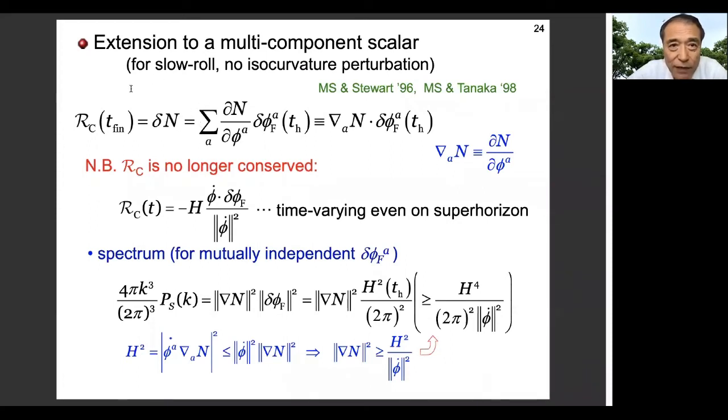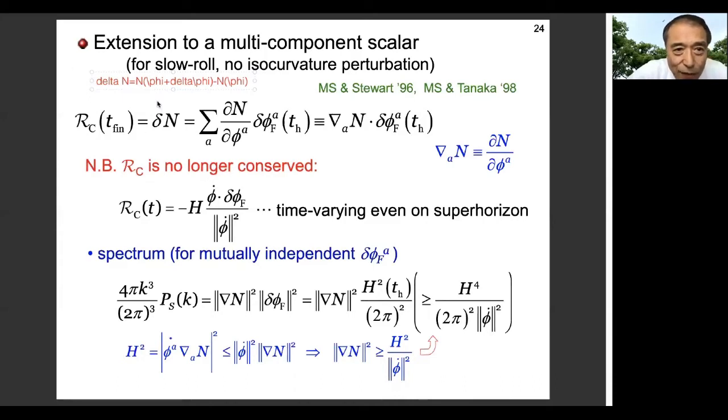Maybe I should write it down more explicitly. So delta n is n of phi plus delta phi minus n of phi. This is the total expression, and here we are just focusing on the linear perturbation.